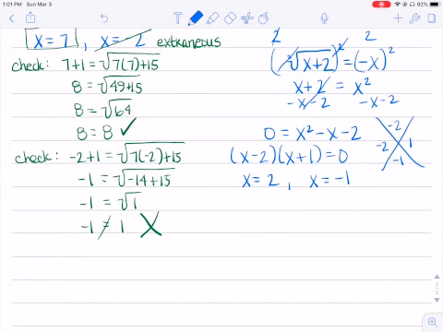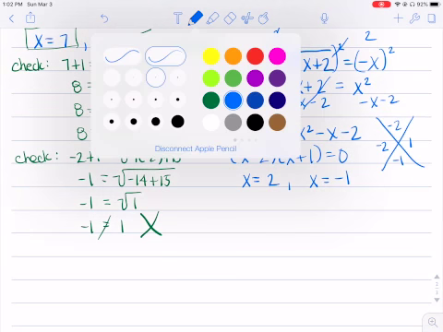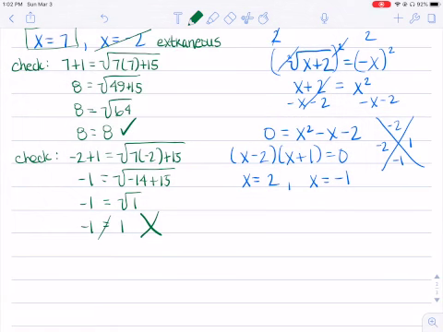These are potential or apparent solutions, but again, our final step is always to check and see. So let's check the x equals 2 first. So I'm going to have the square root of 2 plus 2 plus 1 is equal to the square root of 3 minus 2.